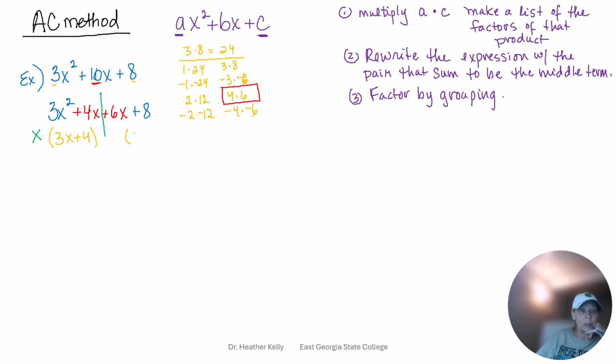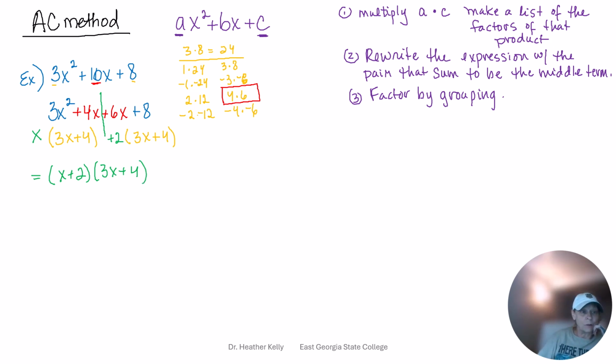I'm going to write down that 3x plus 4 again. And then we need to decide, what do we need to multiply 3x plus 4 by to get 6x plus 8? And that is a positive 2. And so our factors are x plus 2 and 3x plus 4.